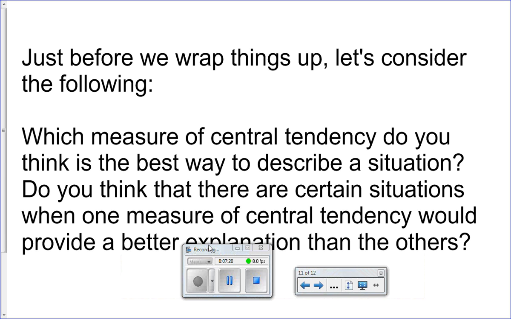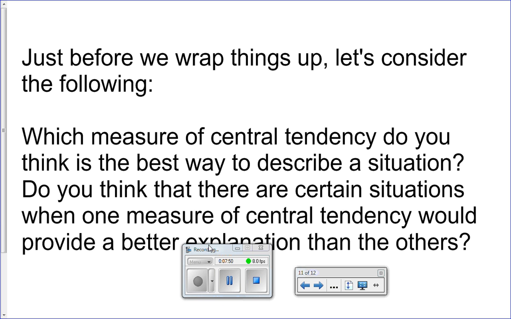Just before we wrap things up, though, let's consider the following. Which measure of central tendency do you think is the best way to describe a situation? Do you think that there are certain situations when one measure of central tendency would provide a better explanation than the others? I know in previous years in math class, you've probably done this quite a lot, where you've calculated mean, median, and mode. And that's okay.